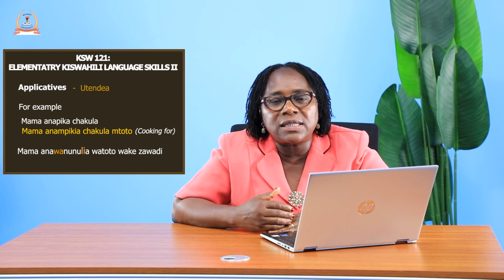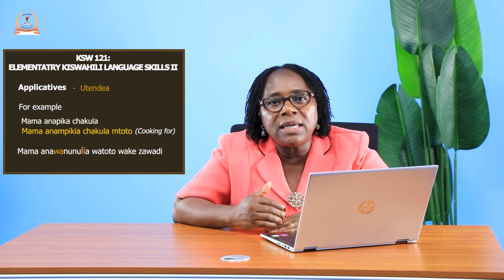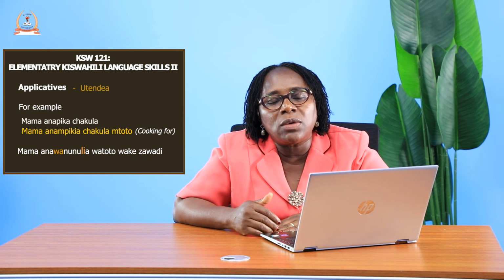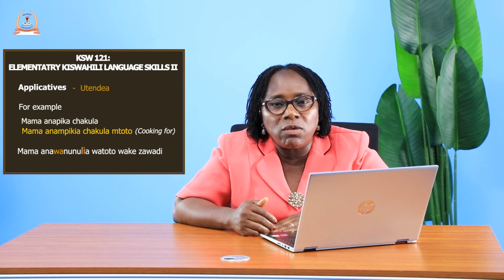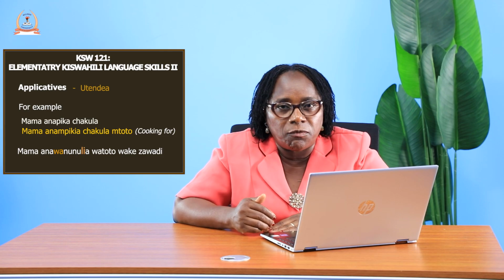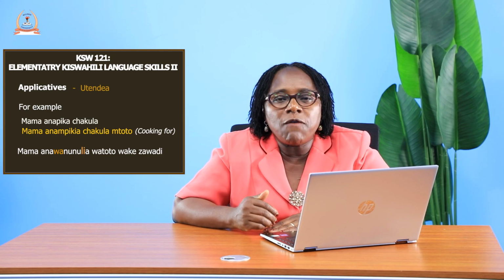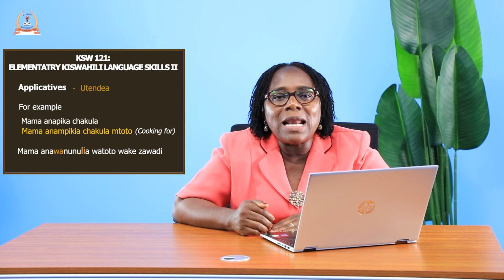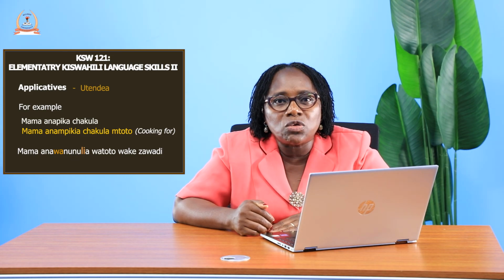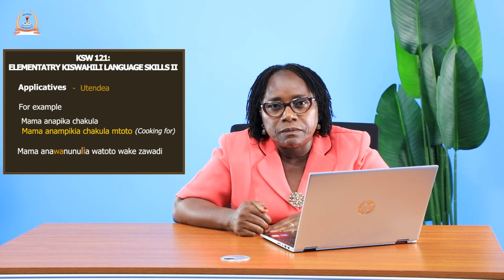So if you say mama anampikia mtoto, mtoto is the noun that comes after the verb. And mtoto is singular, that's why we get the object marker for mtoto. If you have mtoto, the plural is watoto. That's why we have mama anawanunulia watoto wake zawadi.